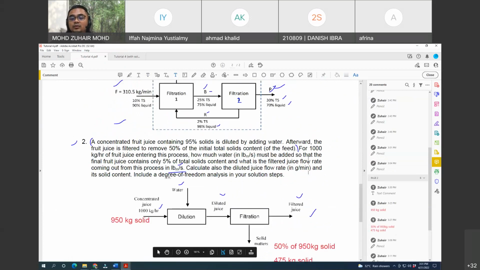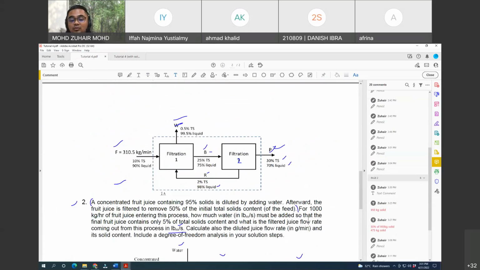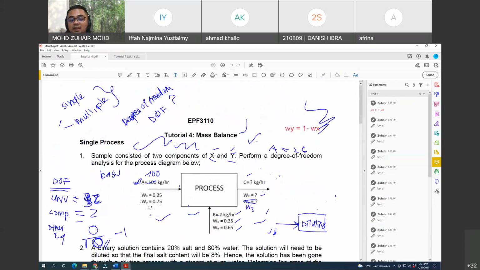Okay, so we already completed tutorial 4 related to mass balance. Definitely there will be questions related to mass balance, single and multiple processes, that will be asked in test 1. So I really hope that you are going to prepare for test 1 and try to do the revision. I think it's easier now considering all of the things that we shared have been recorded.